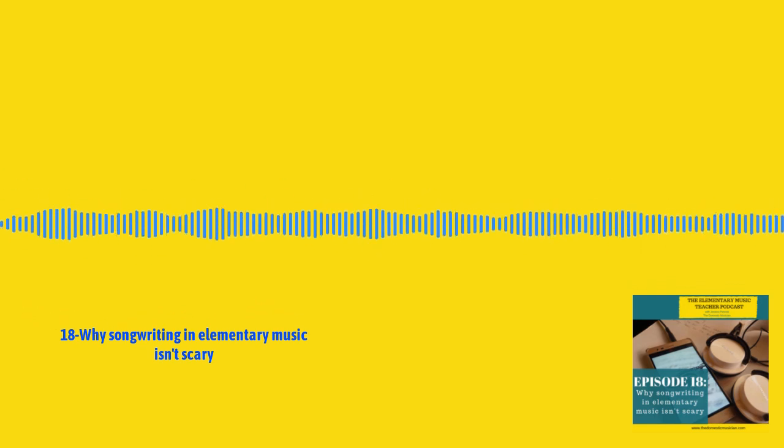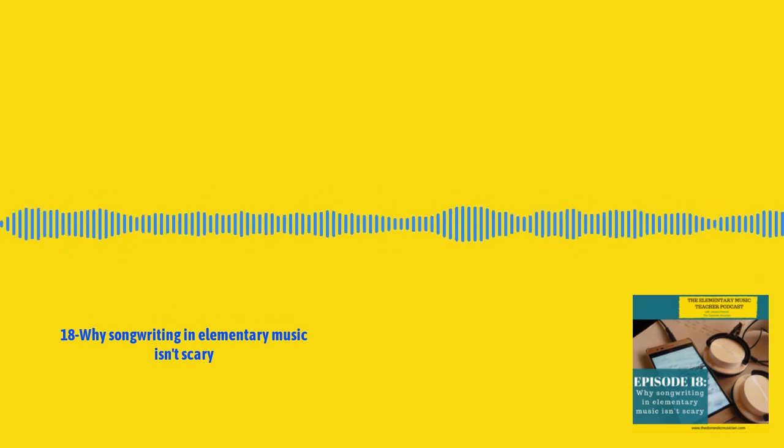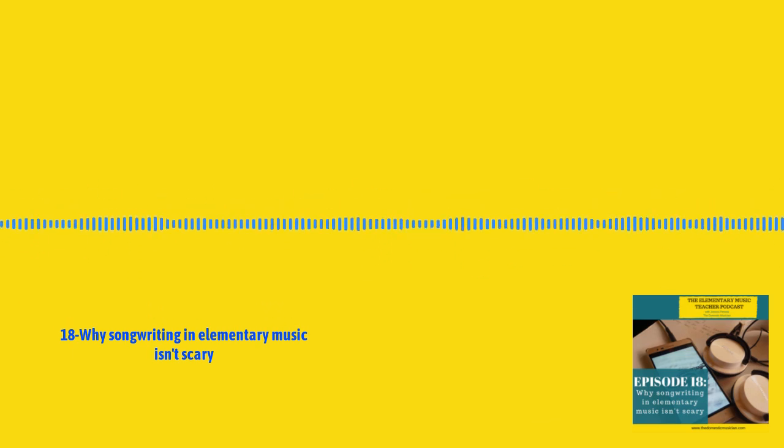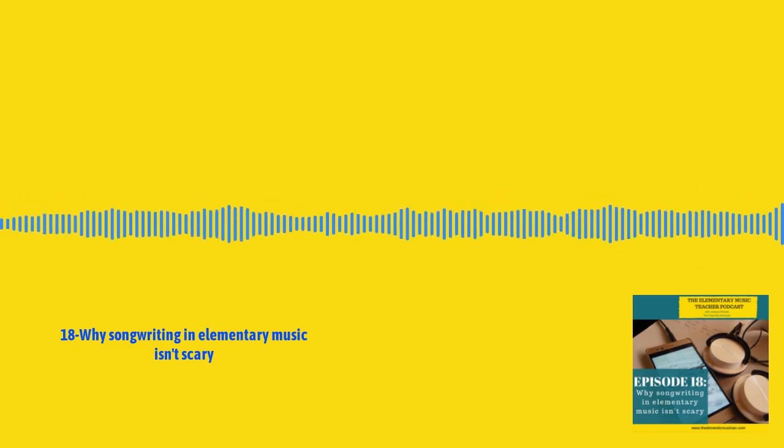Yes, even just that little bit of having them perform a 4-beat rhythm, just improvising it off the top of their head, not even writing the notes down that they're playing, is composing music. So when you think about it like that, you're like, okay, I'm already doing some of that. Yes, you are, and that is composing music.